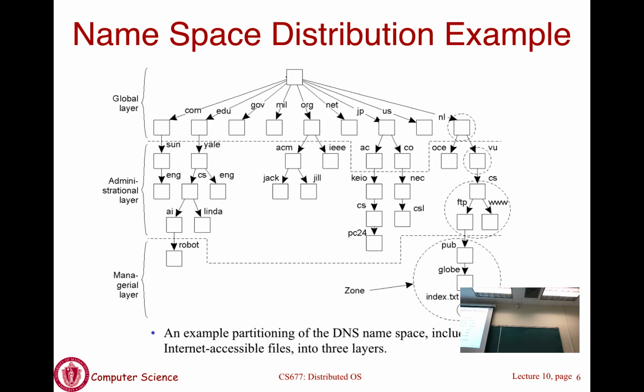Okay. The question is, if I understood correctly, I said that the naming service is distributed, but here you actually see one node at the top. What this is actually showing is the name space. This is not the servers in DNS. Namespace is how the names are organized. So, that is basically going to be the root node and then the top level domains.